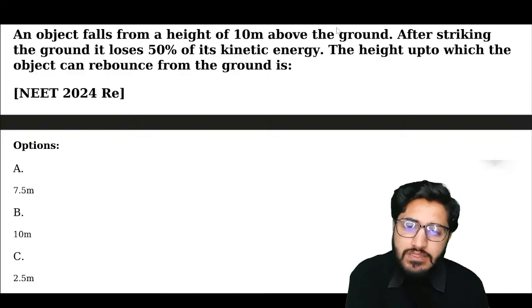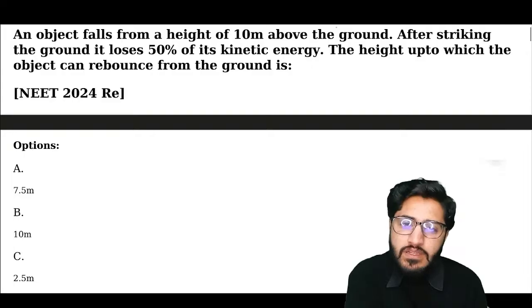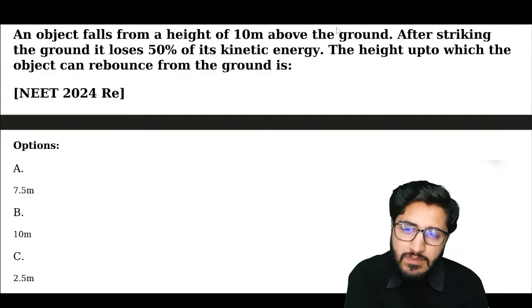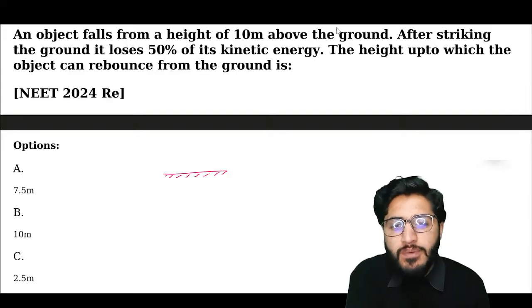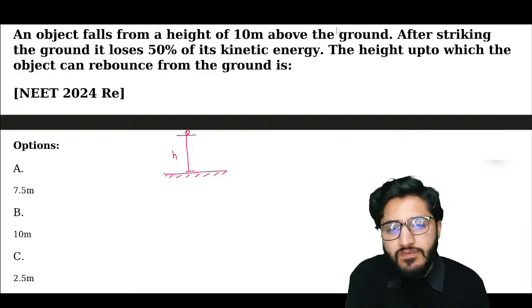So if this is my ground, an object falls from height h. So this is my height h, and the object is here. It falls from height h.